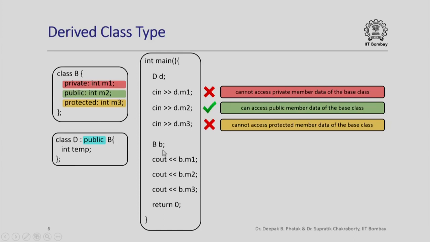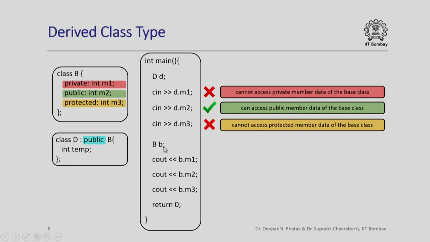Now similarly, here is an object b of the base class capital B, and here I am trying to output the values of b.M1, b.M2, b.M3.